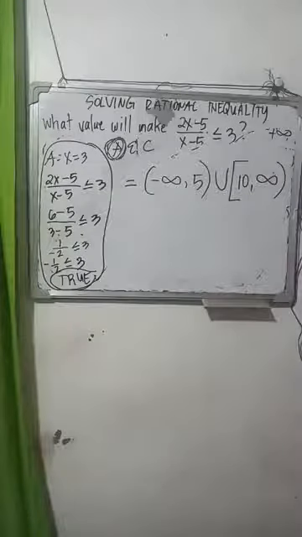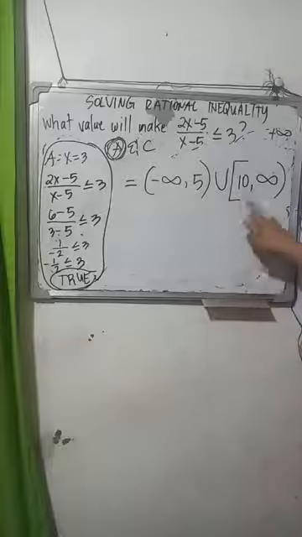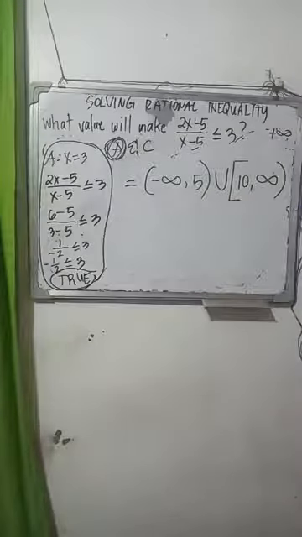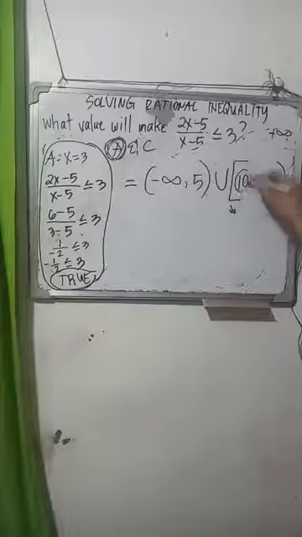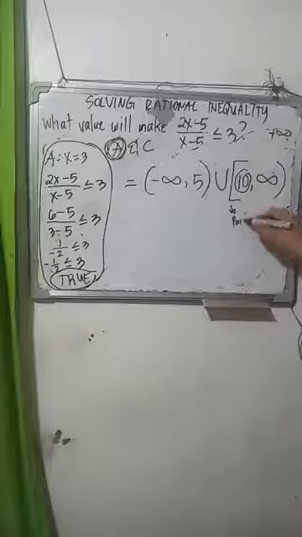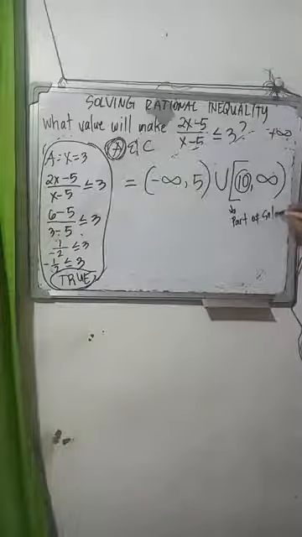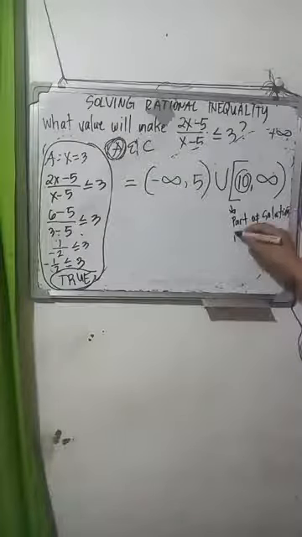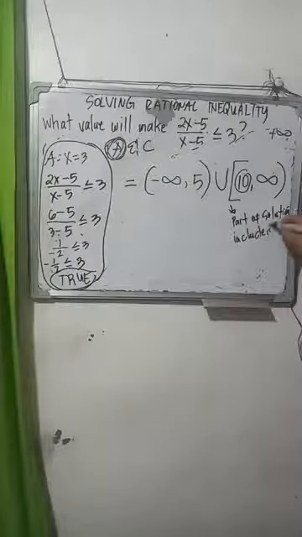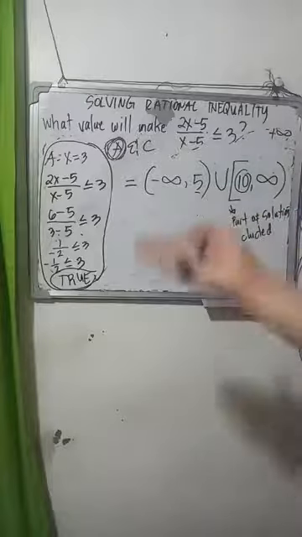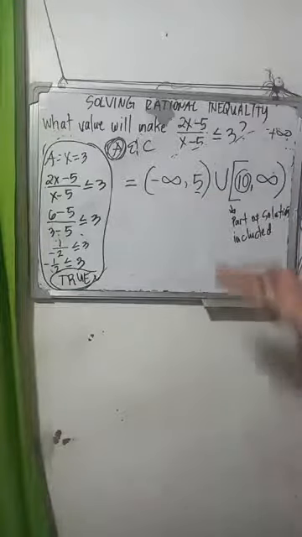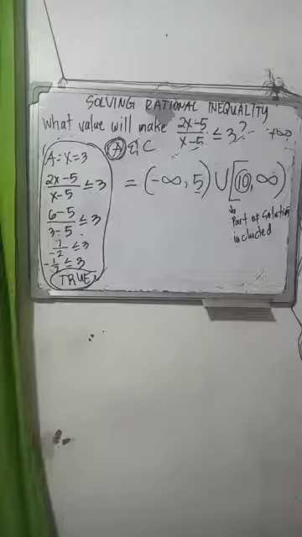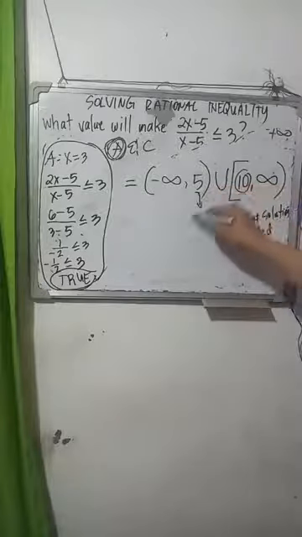Ito yung sagot natin. Sir, bakit bracket yung ginamit natin sa 10? Kasi ang 10 or the meaningful numbers natin is part of the solution, or that is included. How about ang 5, sir? Bakit nandyan sa ating interval notation? Because 5 is our meaningful numbers.